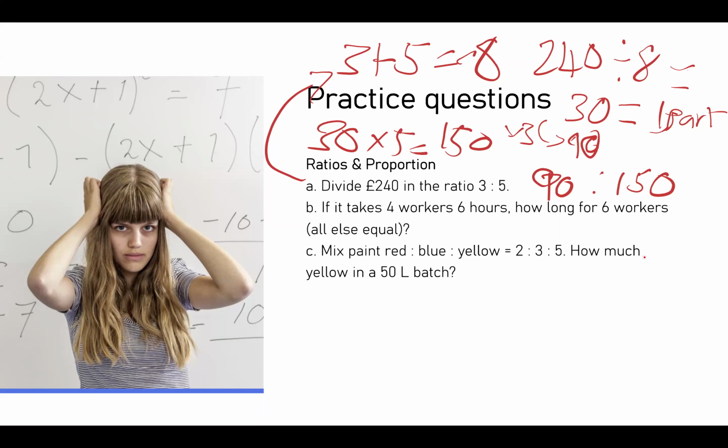So if it takes 4 workers 6 hours, the ratio would be 4 to 6.